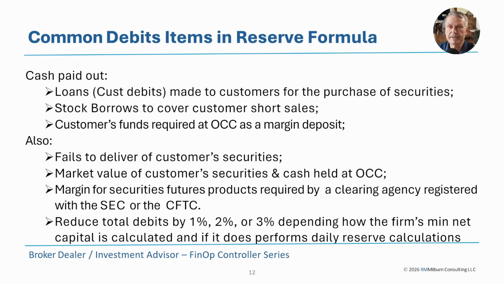Note that customer debits must be fully collateralized. If not, then unsecured amounts are deducted from the debits. In addition, there are extra concentration charges for large customer accounts that make up a large percentage of the firm's customer debits, or for a single security that collateralizes a large number of customer debits. These amounts are deducted from the aggregate debits.